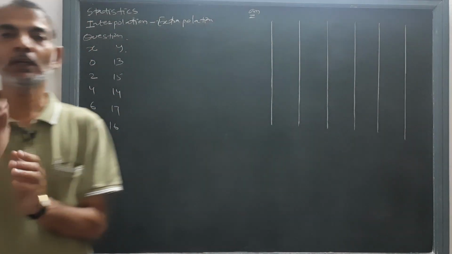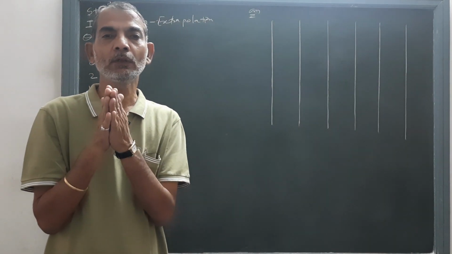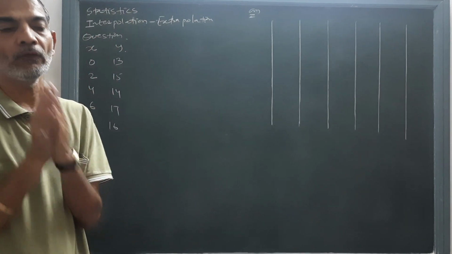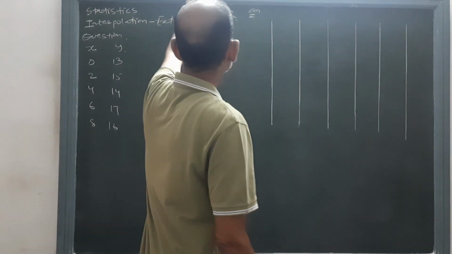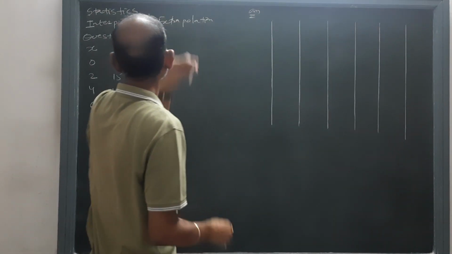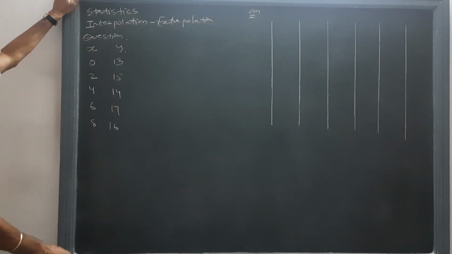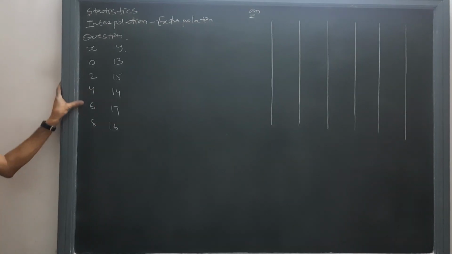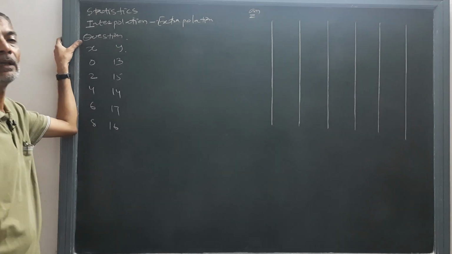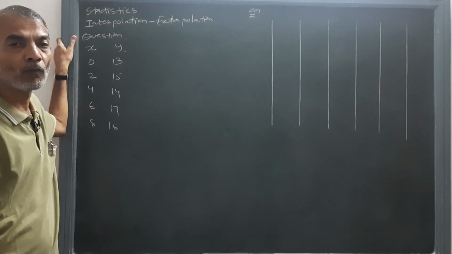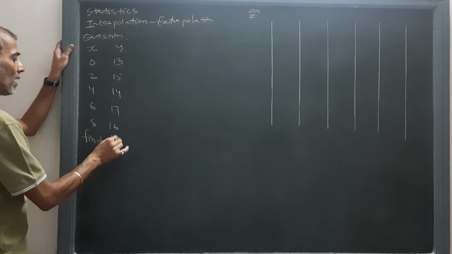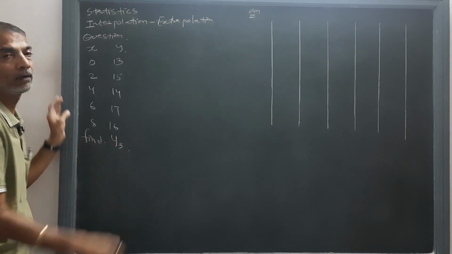In this lecture we are going to solve a question of interpolation and extrapolation with the help of Newton's method. The question: the values of x are given as 0, 2, 4, 6, 8, and similarly the values of y are given, and we have to find y3.